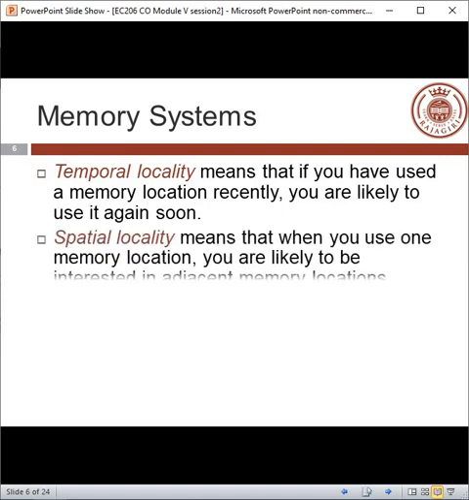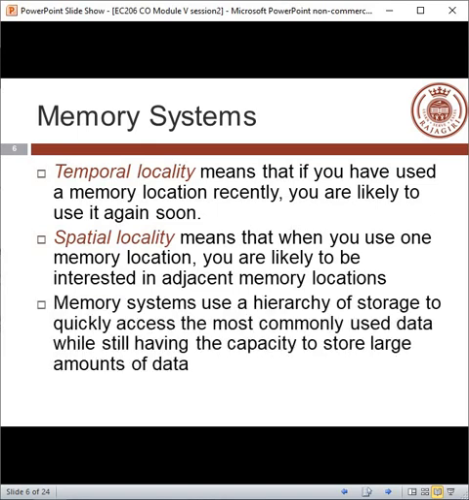Now, spatial locality means we access one particular memory location, and then it is more likely that we will be accessing nearby locations. Memory systems use a hierarchy of storage to quickly access the most commonly used data, while still having the capacity to store large amounts of data.